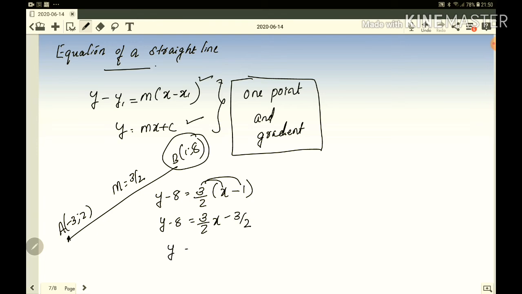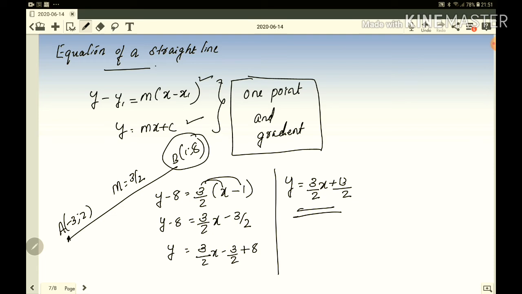Then y is equal to, always, when you write the equation of a straight line or parabola, make sure that y is alone on the left hand side, okay? So minus 8 you have to send to the other side. An equation always starts with y is equal to 3 over 2x minus 3 by 2 plus 8. So the final answer is y is equal to 3 by 2, that is the gradient, then x minus 3 by 2 plus 8. You can use the calculator, it will give you plus 13 over 2.